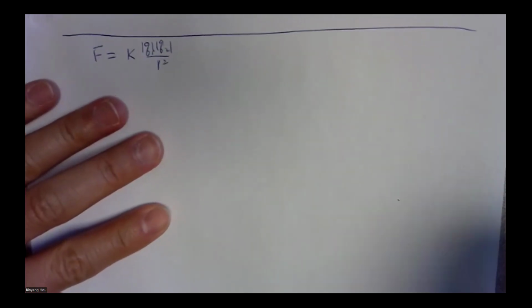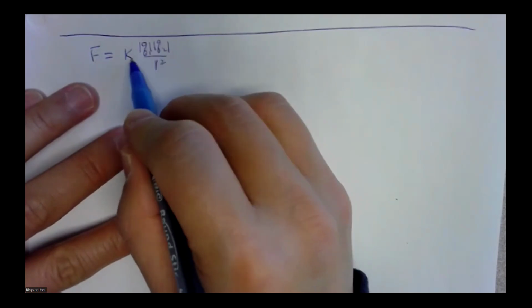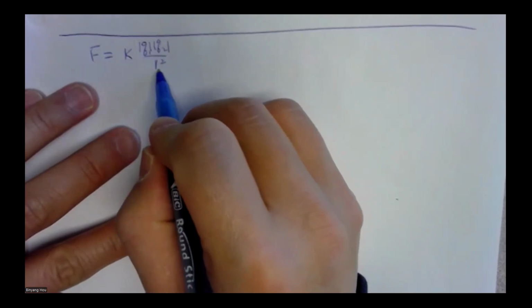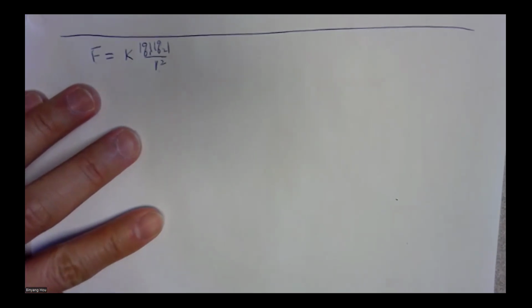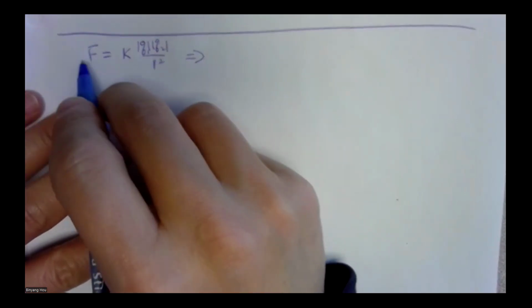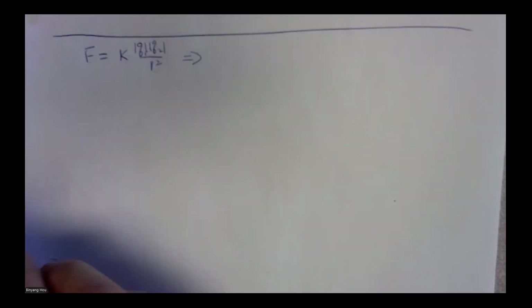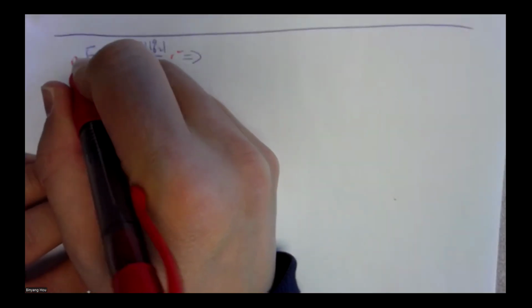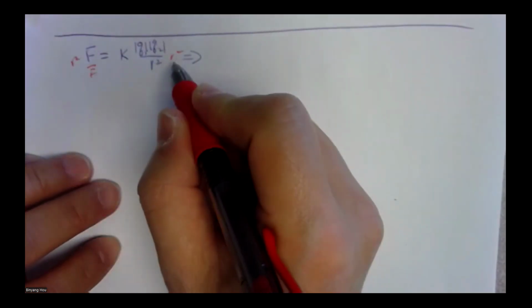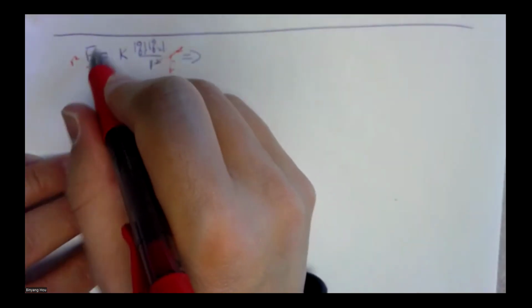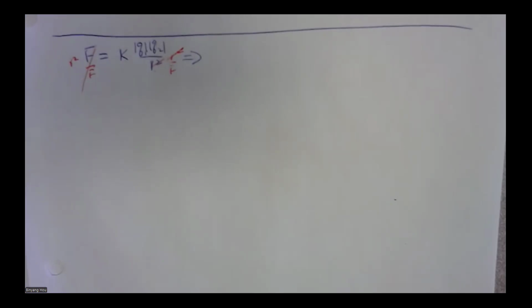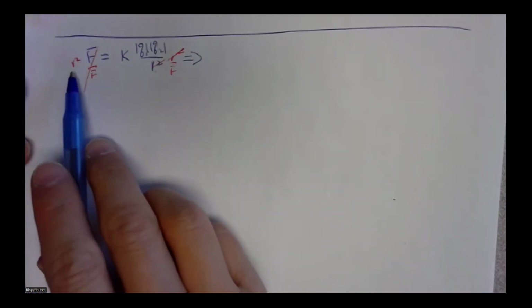You are given the force, you are given these two charges, and this is a constant, so we can solve for R. If you multiply both sides by R squared and then divide both sides by F, the R squared cancels on the right and the F cancels on the left.